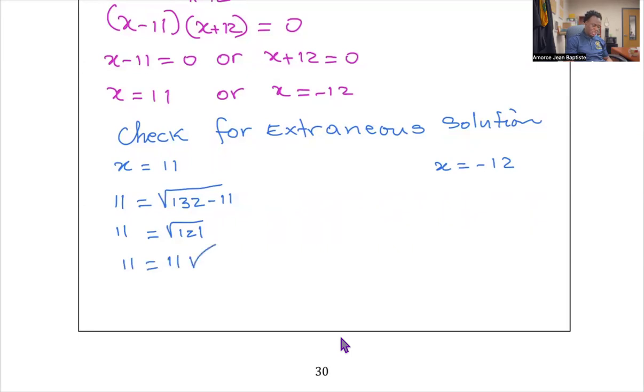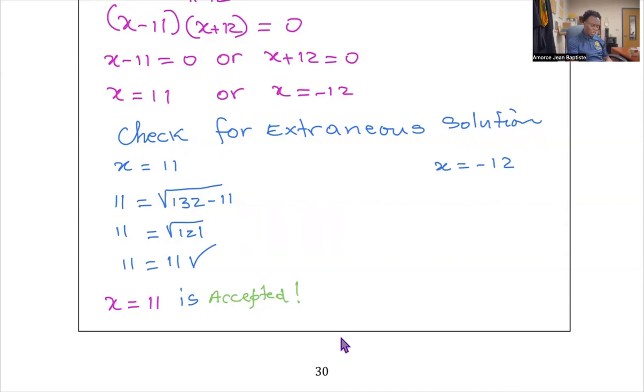This one checks. So we can say that x equals 11 is accepted. X equals 11 is an accepted solution because we verified the equation for it.